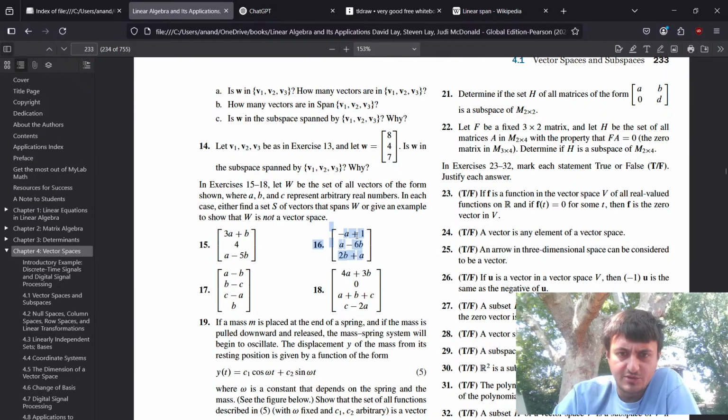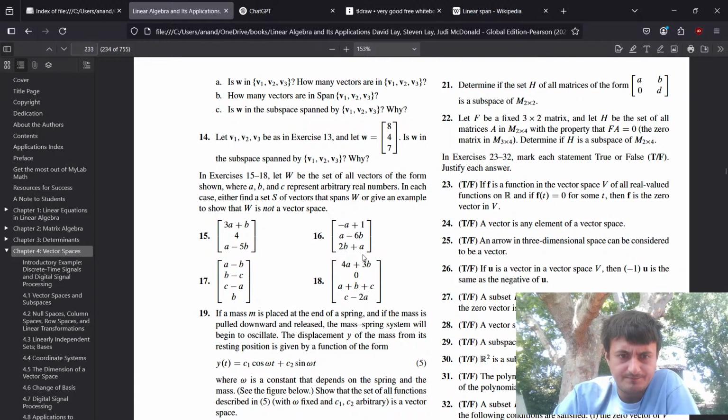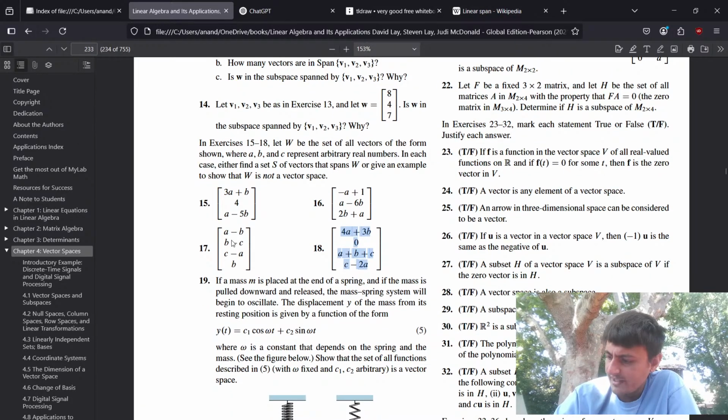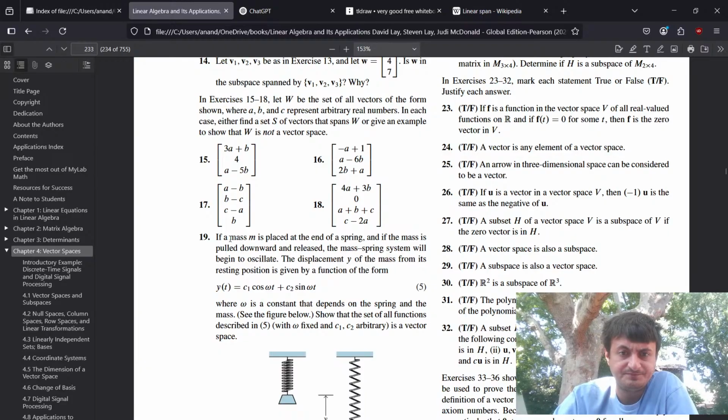If you take A equal to 1, no, I don't think you can. Okay, and then this one's clearly a vector space because you can do the same process as 7: you just write it as 3 different column vectors and then you're chilling.